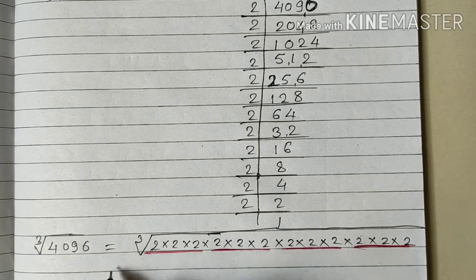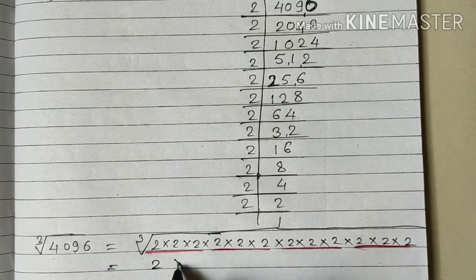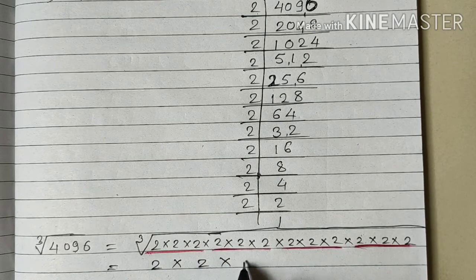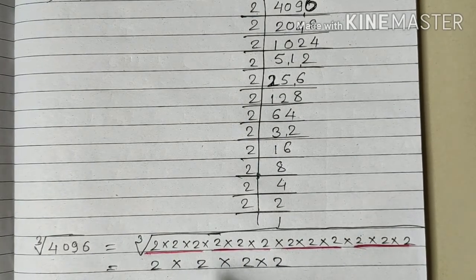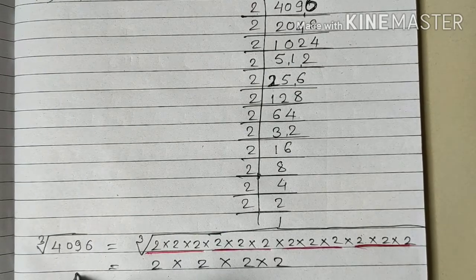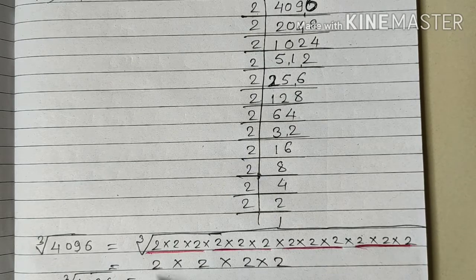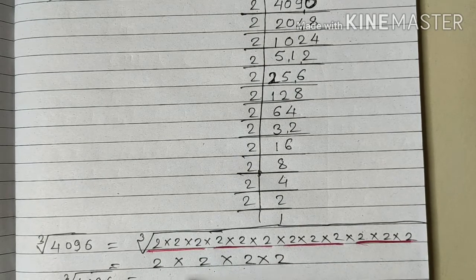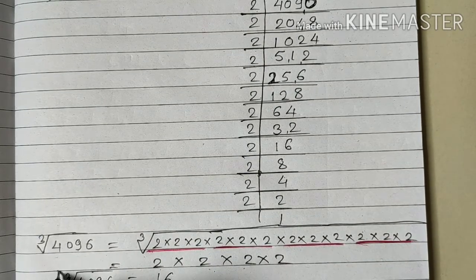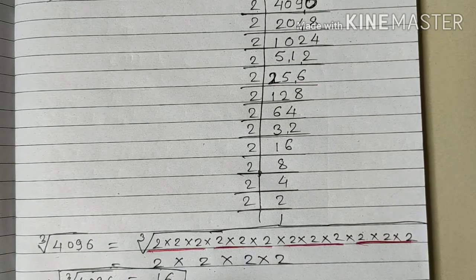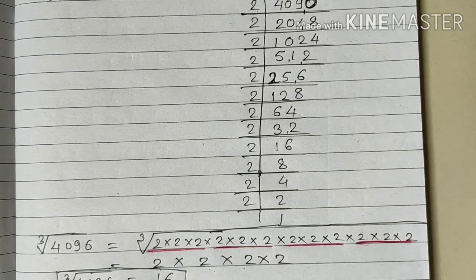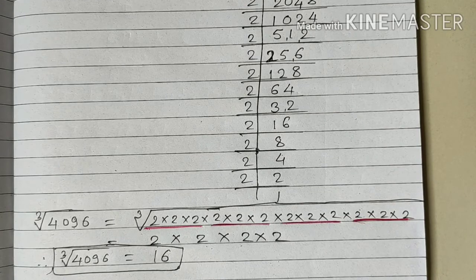If 4 triplets of 2 are there, it means 4 times 2 will come out of the root sign, and therefore we can say that cube root of 4096 is 2 2s are 4, 4 2s are 8, 8 2s are 16. So 16 will be the answer for us. Got it? 16 will be the answer.